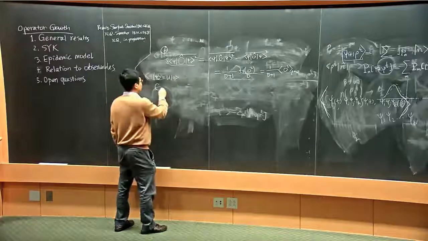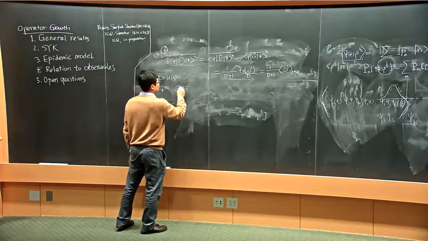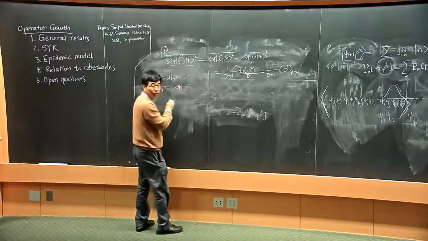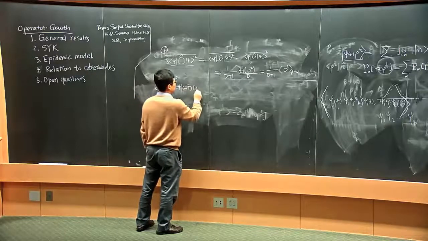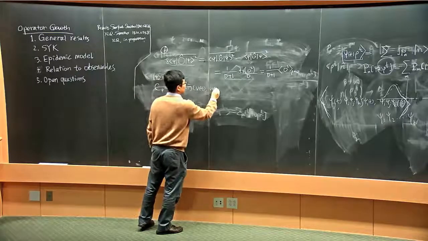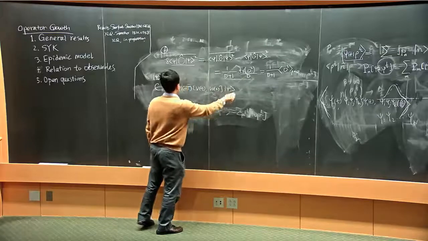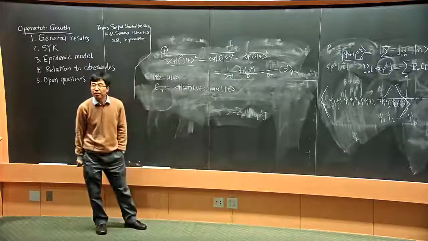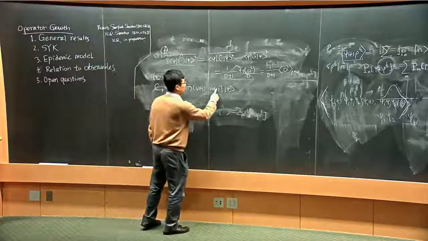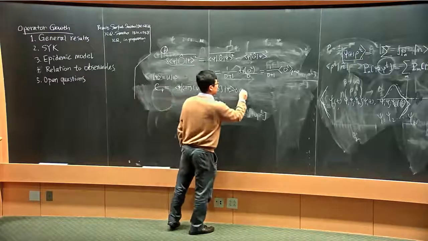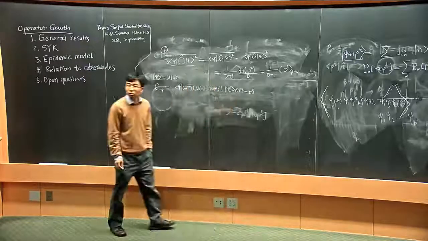So say I prepare my system in a given initial state, and then I'm looking at the response of some perturbation. So this is the response coefficient, or in general T and T prime, theta T minus T prime. So this is the retarded Green's function.